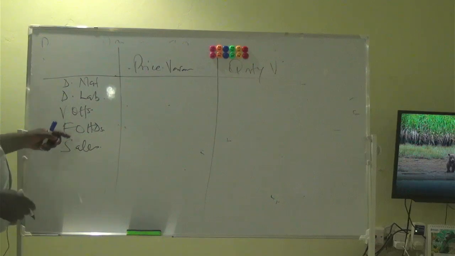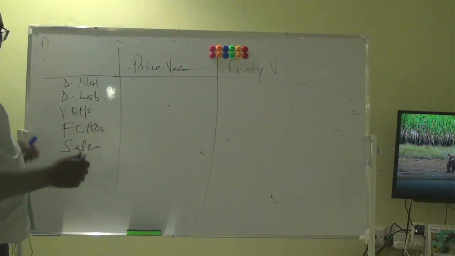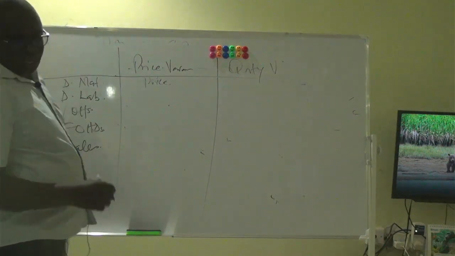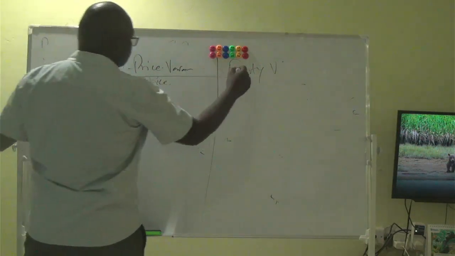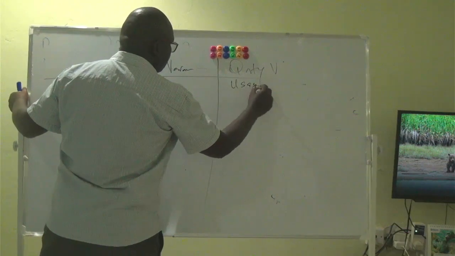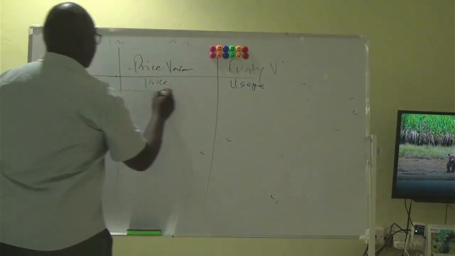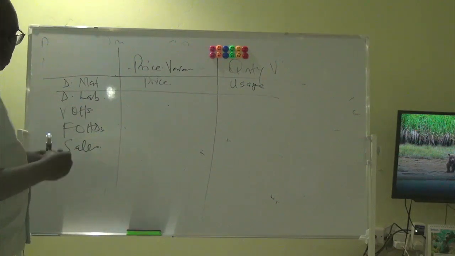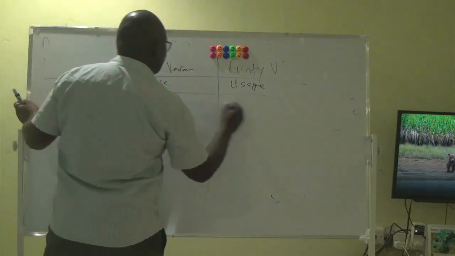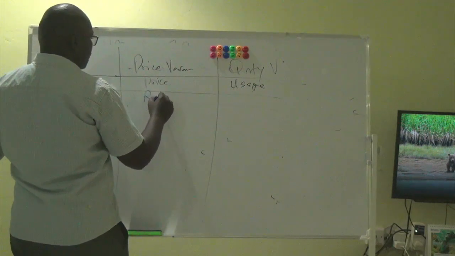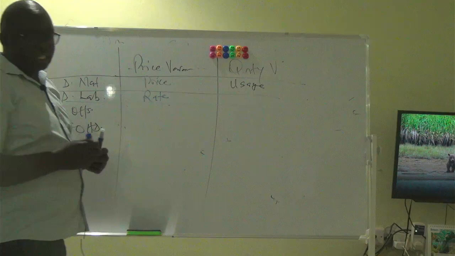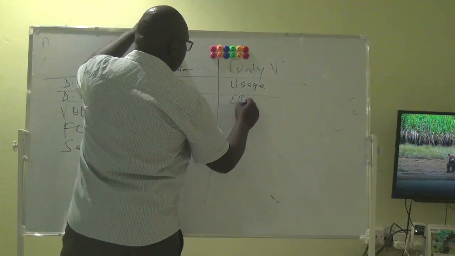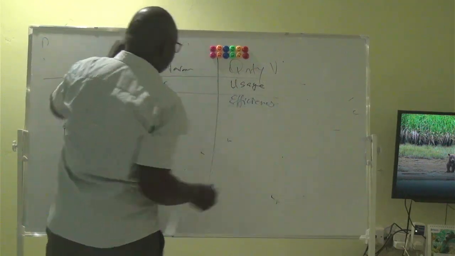So for direct material, we will be looking at price variance. Then again, we will be looking in terms of quantity, the usage, for the direct material. For the direct labor, in terms of price, we will be looking at the rate, and then in terms of quantity, we will be checking on efficiency.